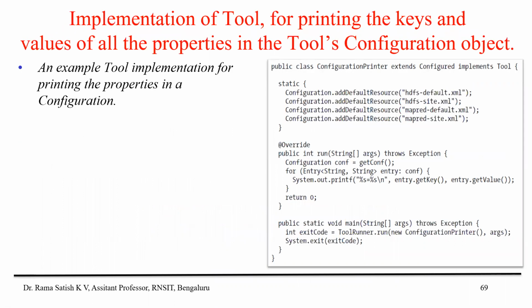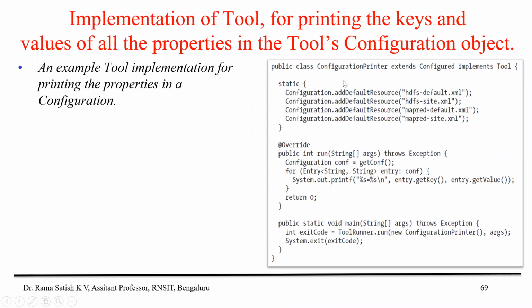When you start implementing this tool for printing the keys and values for the properties that are there in the configuration object, first you have to add the resources, like the configuration files. In the last class we discussed the configuration files, which are XML files.